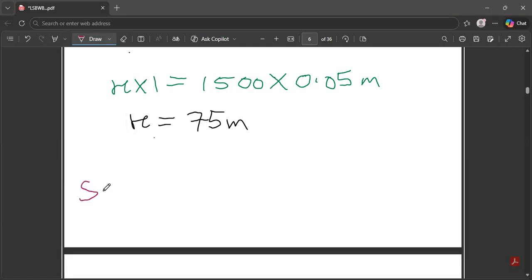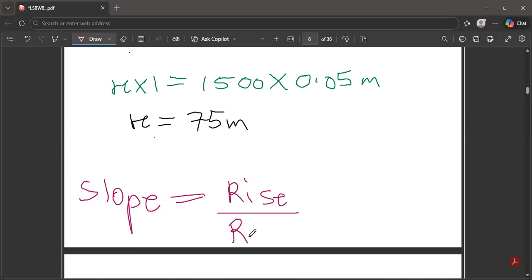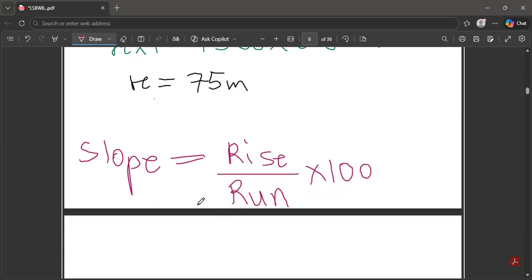So we know that the slope is equal to the rise over run, expressed as a percentage.